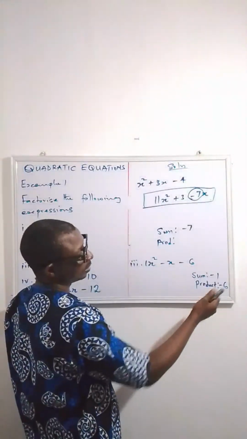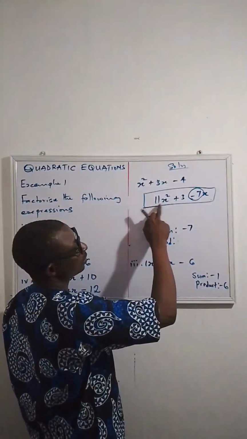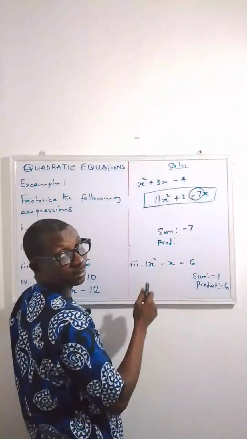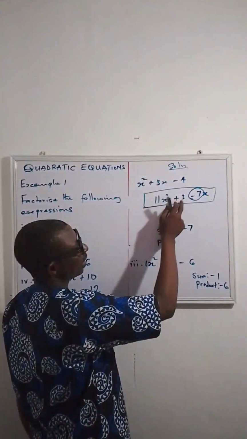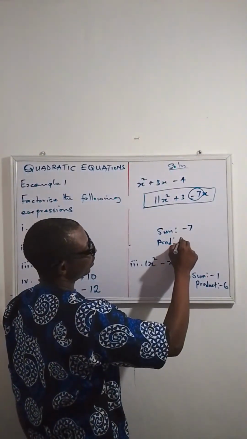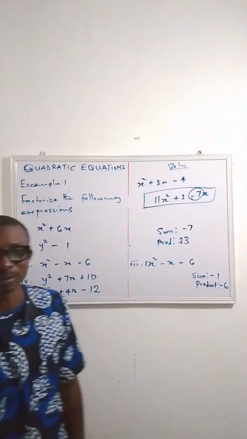So in this case, the coefficient of x squared is 11, and the number independent of x is 3. So we have 3 times 11, which gives you plus 33. So that is the product.